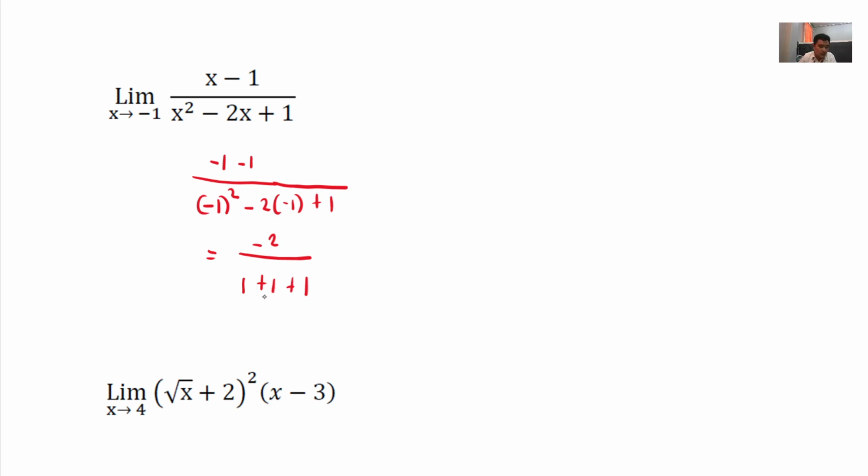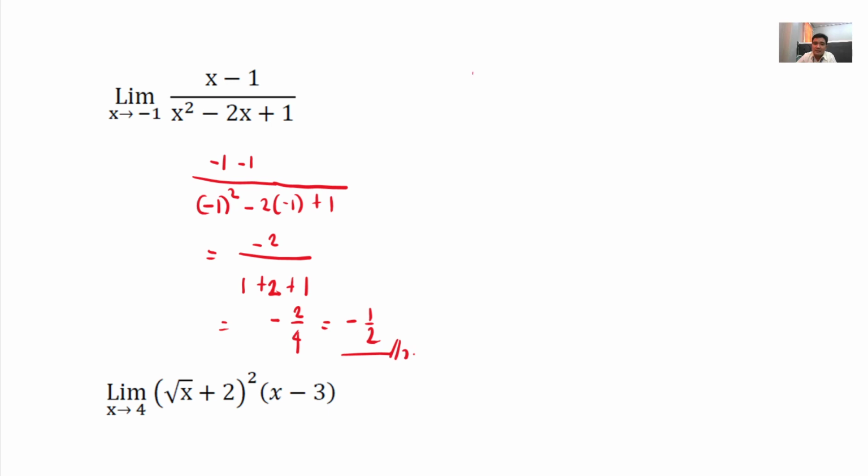So negative 1 minus 1 all over negative 1 squared is positive 1, 2 times negative 1, this is plus 2, plus 1. So that is negative 2 over 4 or negative 1 half. Okay, so the answer here is negative 1 half.